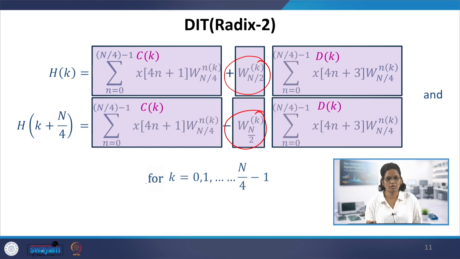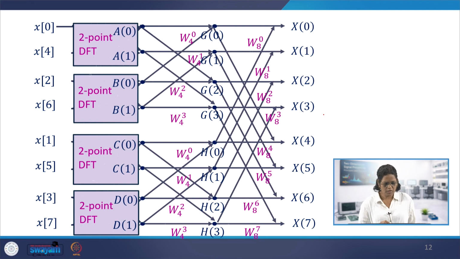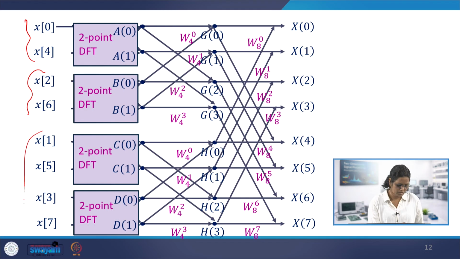So that 2n plus 1 point is further divided into these divisions. Okay, so what we have now is the 2-point DFT. So give this 0, 4, 2, 6, 1, 5 and 3, 7. These samples, you can see among the even samples we have further divided into even, and then among the odd samples we have further divided into this.